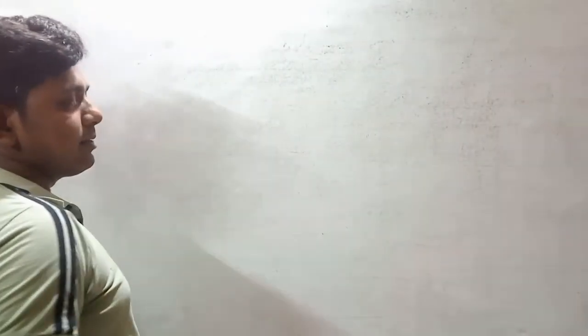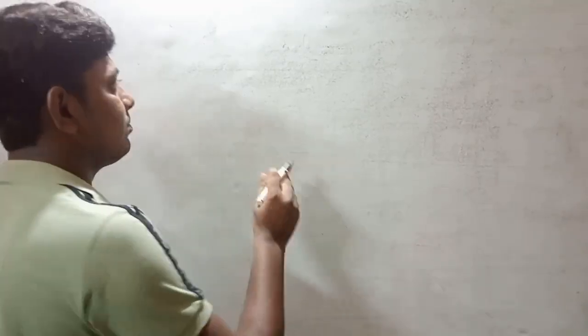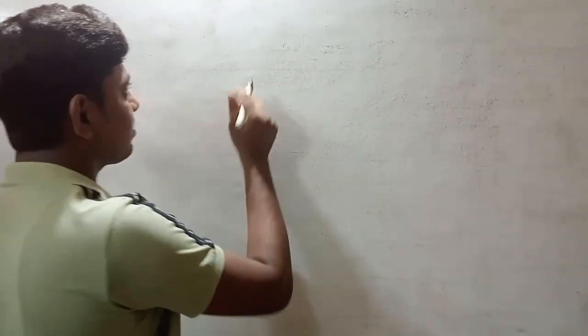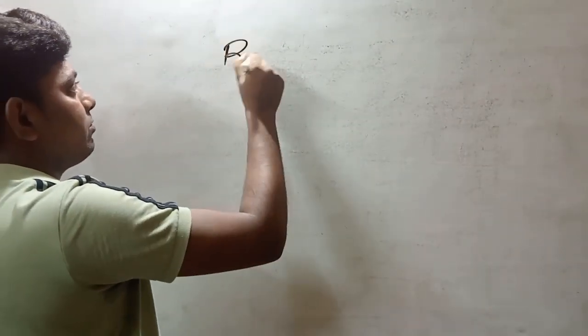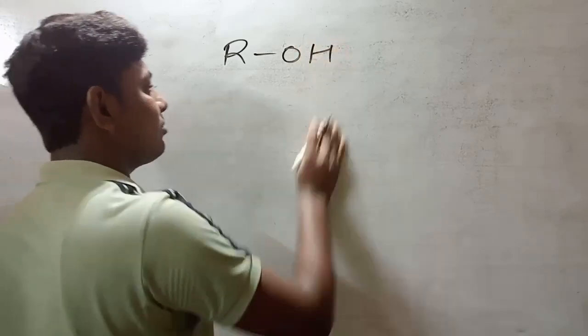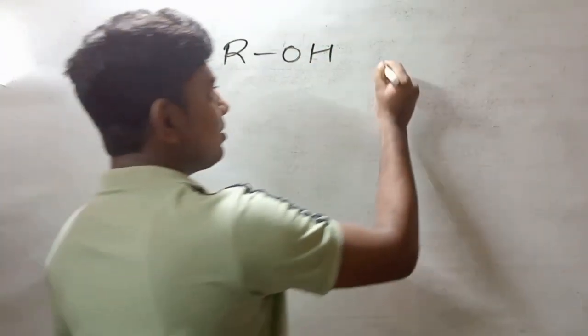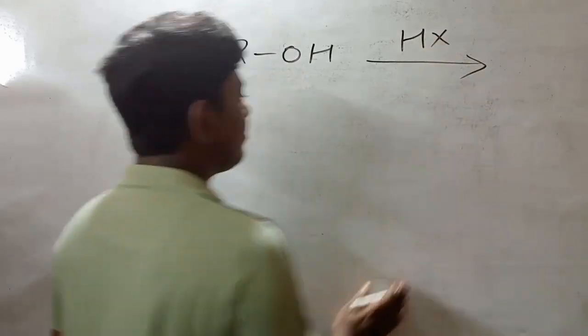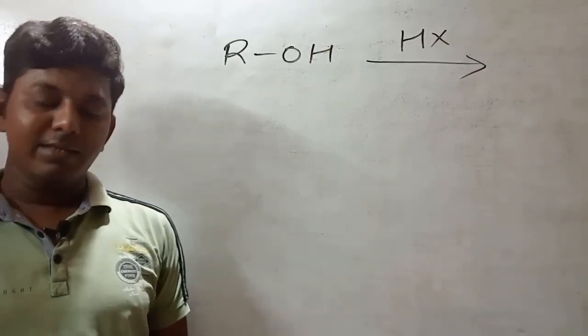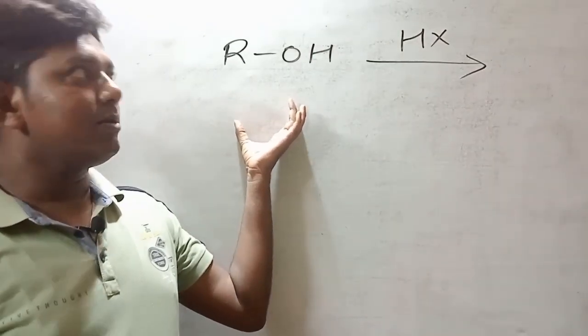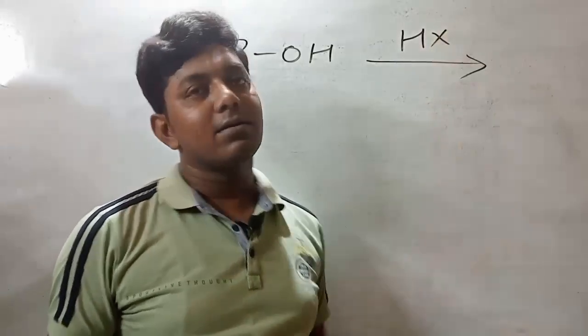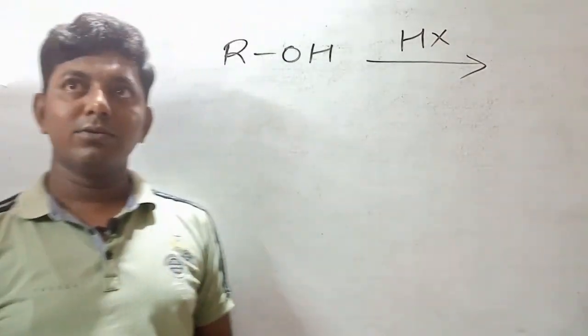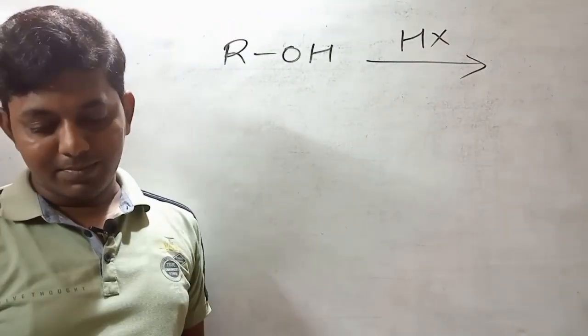So first thing, when alcohol reacts with HX, alcohol is the reactant molecule that reacts with HX, meaning hydrogen halides.